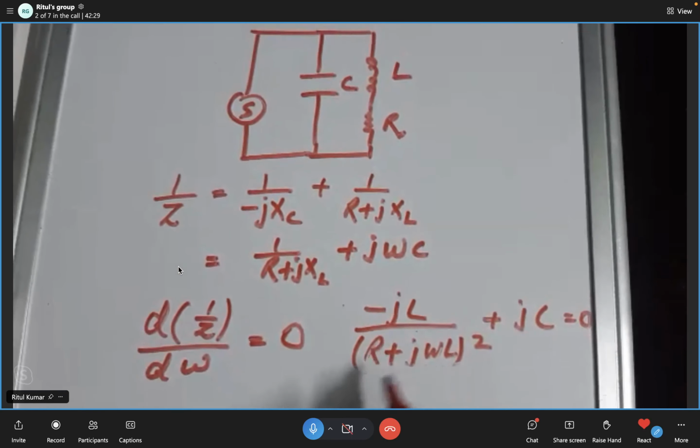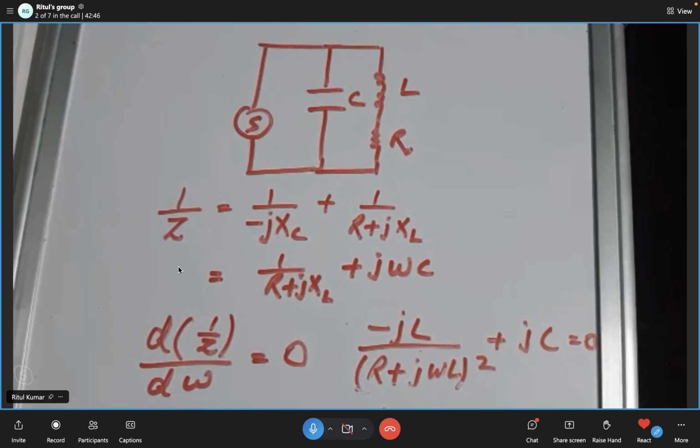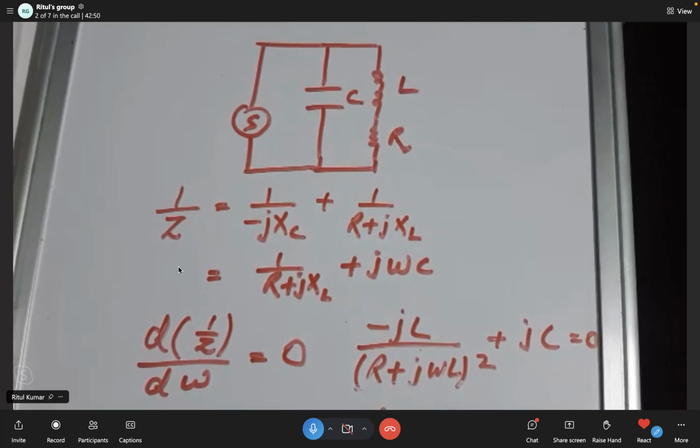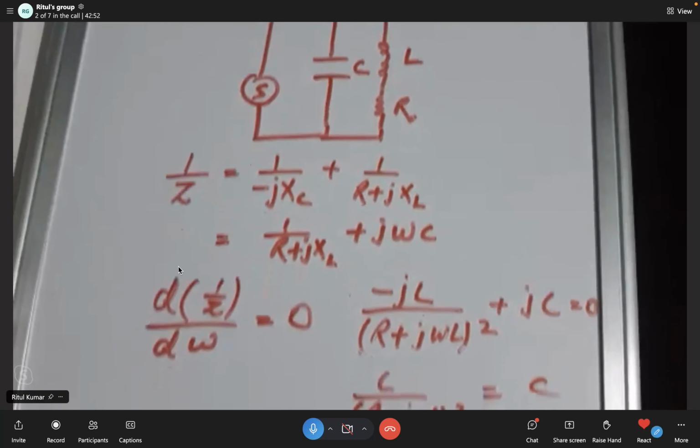So this was the term with us. We have differentiated already. We got this, right? This you are in concurrence with? Yes. Okay, so now I take it to the right side. So L divided by R plus J omega L whole square is equal to C, right?